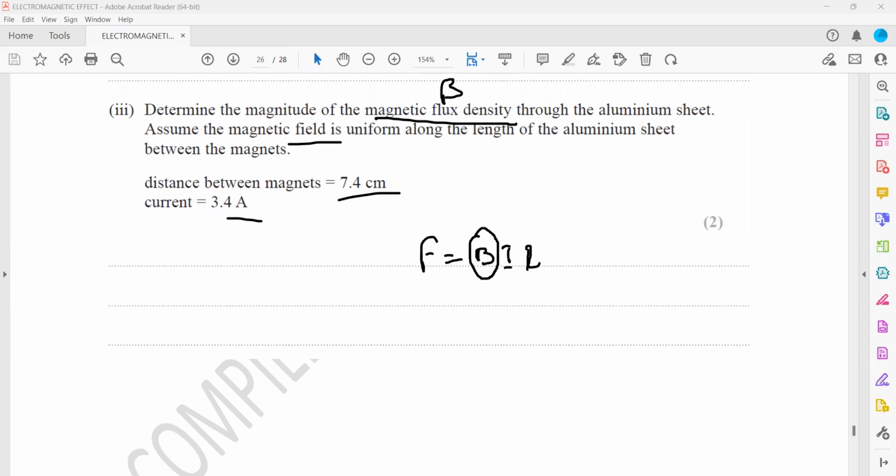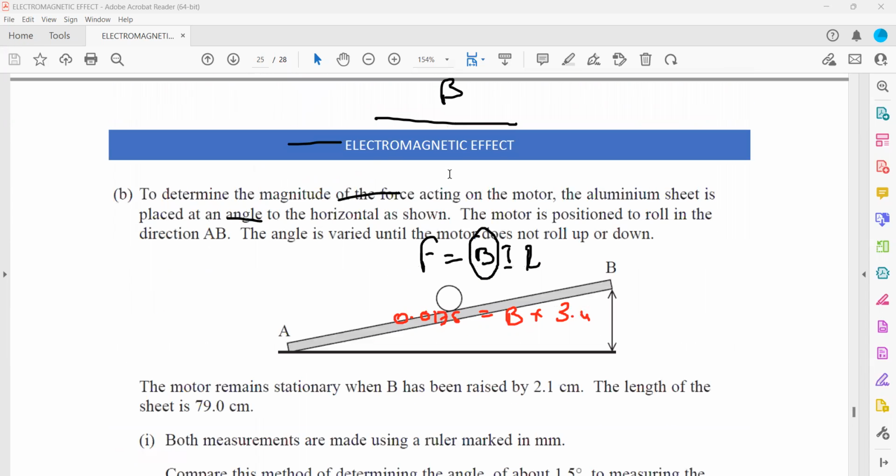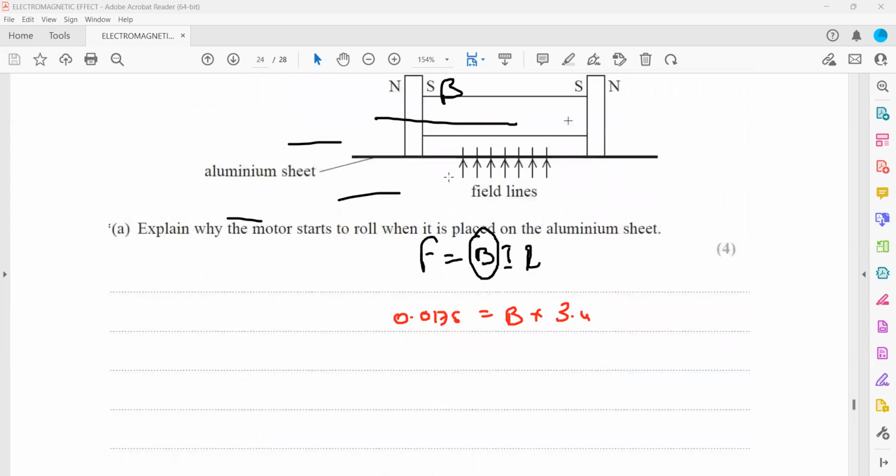Magnetic flux density means we need B. We already worked out the force in the previous part, that was 0.0178. B we don't know. I is the current, 3.4. And the length of the wire, as you can see in the image, is the length of wire which is placed in the magnet.